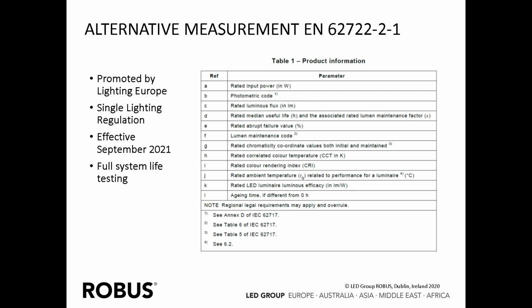But if we look at the parameters that it actually covers in the report, they're all very, very similar to the LM-79 report, and they're both based on the same type of information.